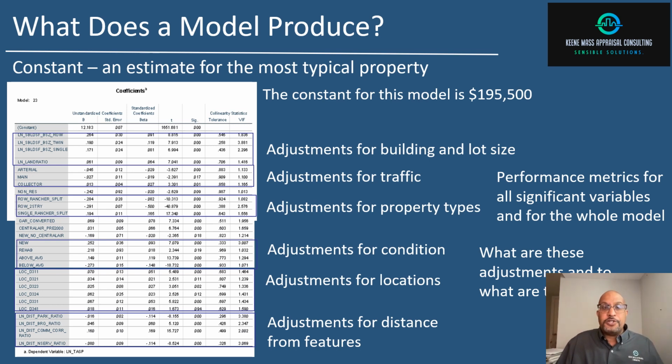Furthermore, these adjustments are taken as a group and are relative to each other. What happens if I were to remove one of these attributes from the model? Well, at least some, and possibly all, of the adjustments will change. What happens if I change the constant, if I define my base, typical property differently?